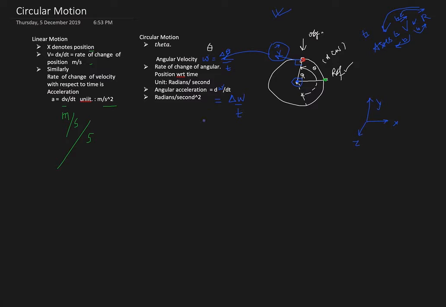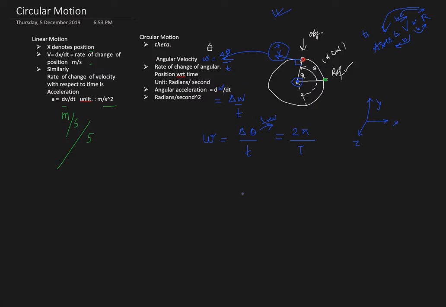What happens to omega for one complete rotation? One complete rotation means a change in angle that corresponds to 2 pi radians. So for one revolution, delta theta becomes 2 pi, because the total angle subtended for one complete rotation is 2 pi, and the time becomes the time period.